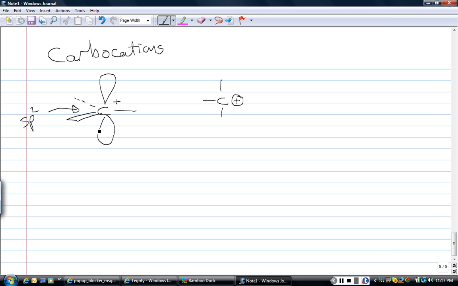Now, carbon is not an electropositive element, so carbon is not particularly stable with a positive charge. In fact, for that matter, carbon is not stable with charge at all. So carbocations are hot species, in other words, they're unstable. Obviously something that's unstable can be stabilized by the medium.